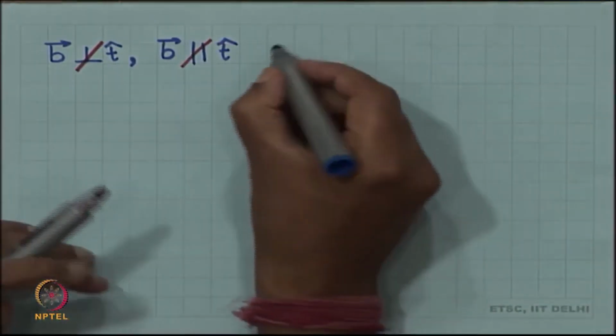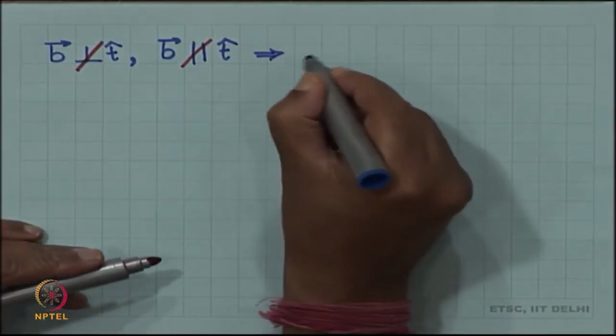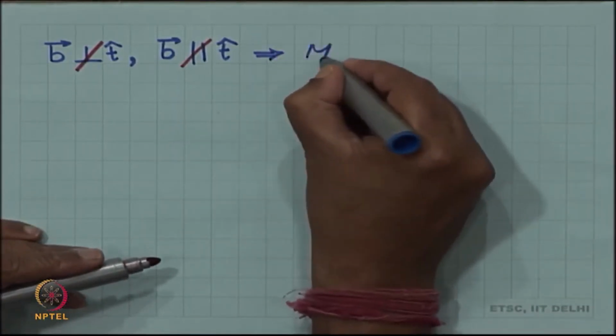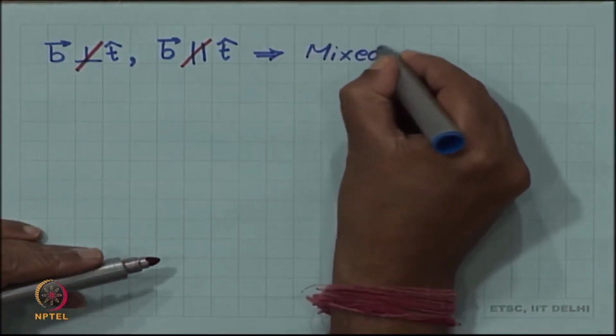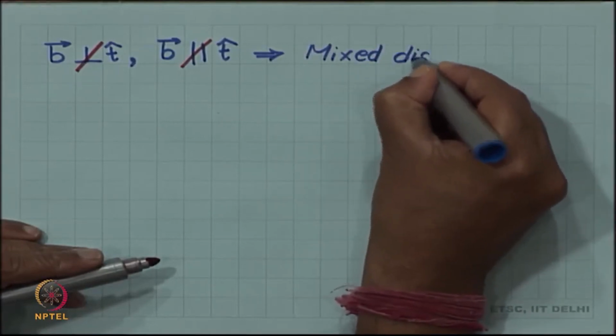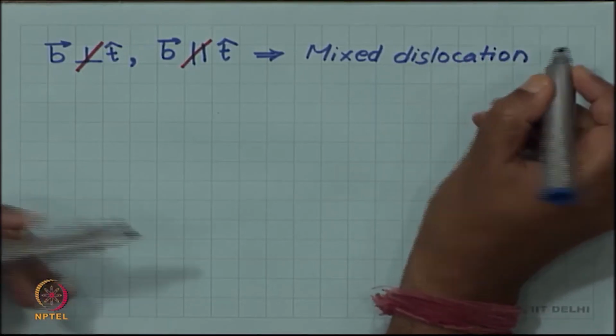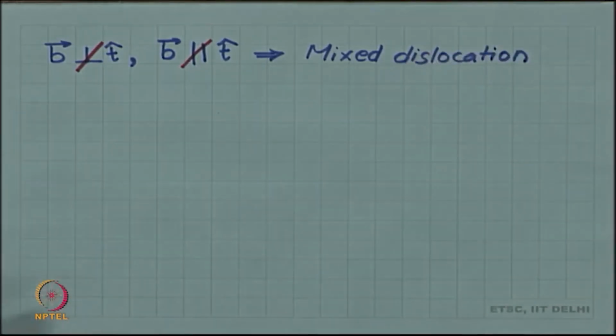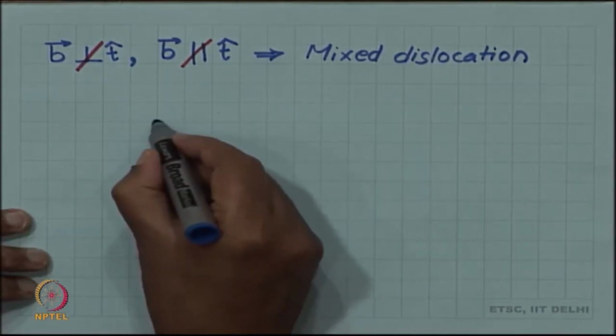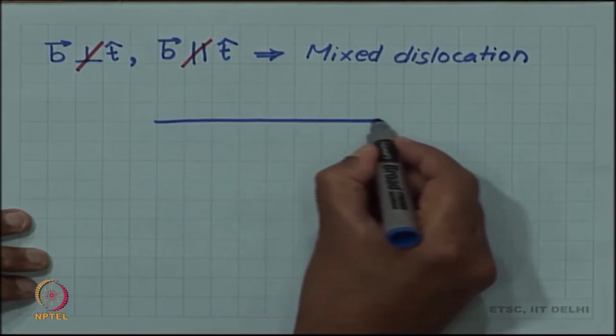In this case, we name the dislocation line a mixed dislocation line.